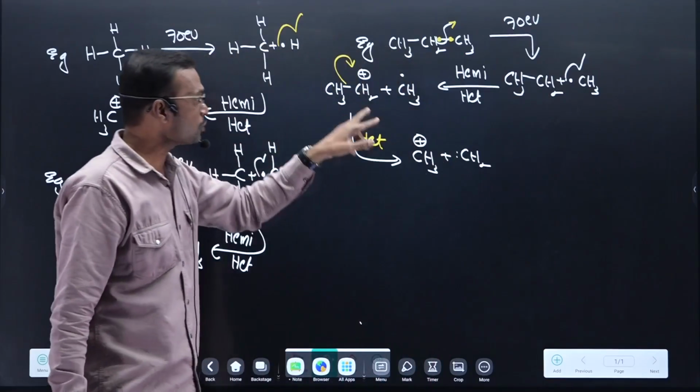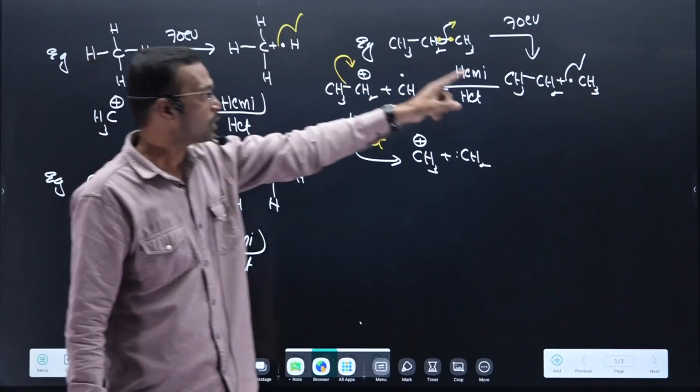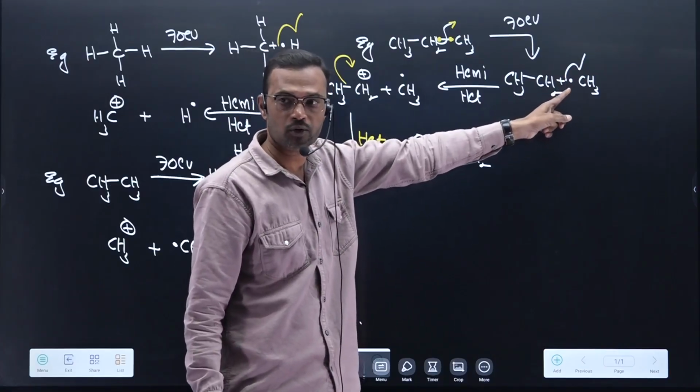Clear? So based on the arrow, you need to identify what type of fission it is. Here, what type of fission? Where am I breaking? At the radical cation. So now it is homolysis.